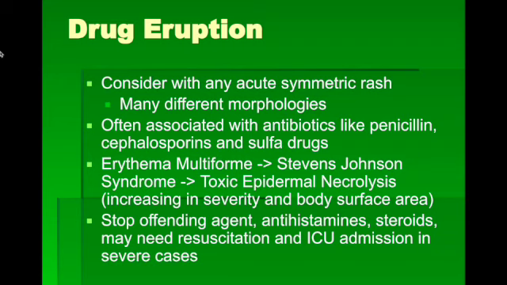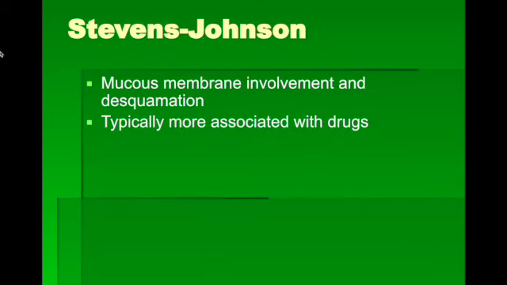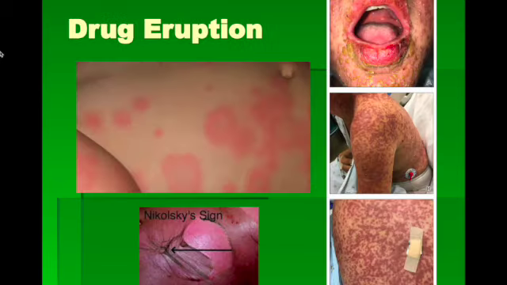So you want to make sure you stop whatever the offending agent is. We can use antihistamines for that itch, steroids for the inflammation in conjunction, and then thinking about what kind of higher level of care this person needs as far as critical care or hospitalization. So for Stevens-Johnson syndrome, think about whether there is mucous membrane involvement.